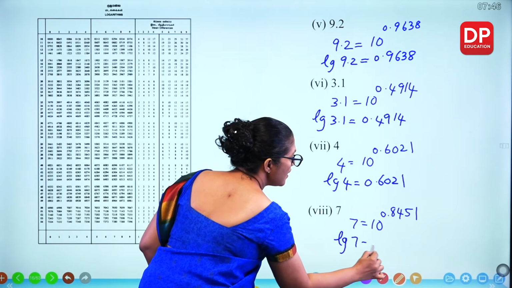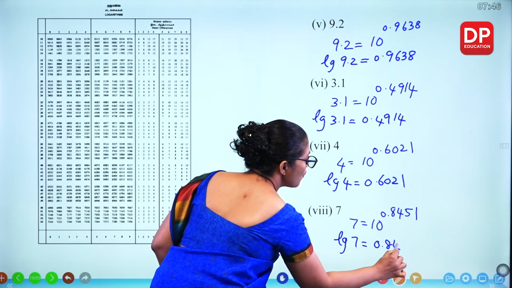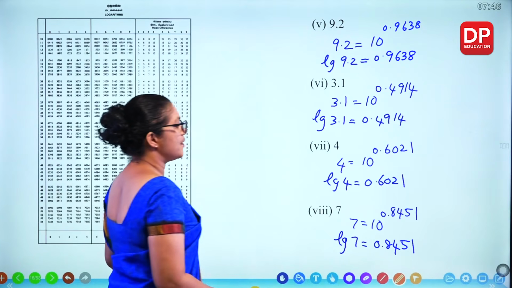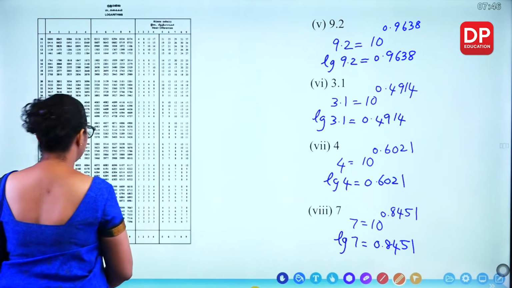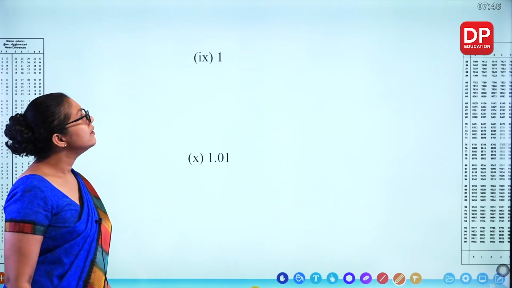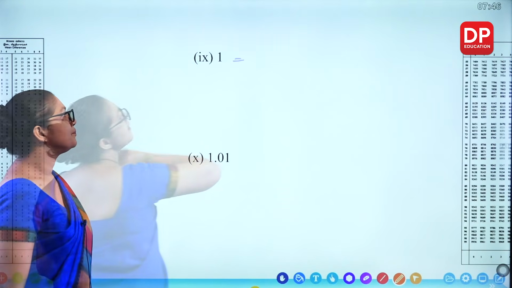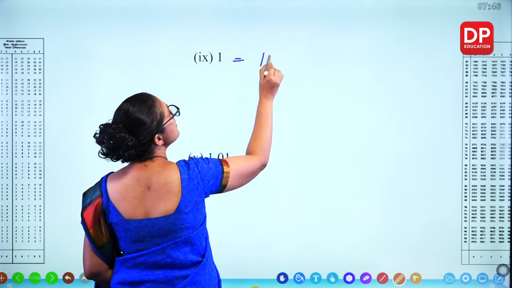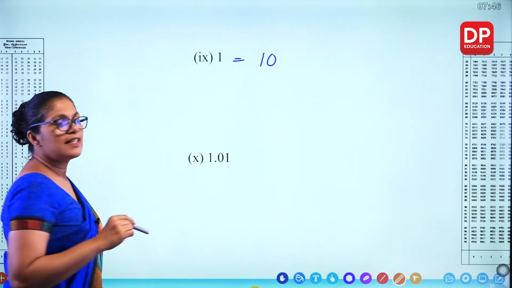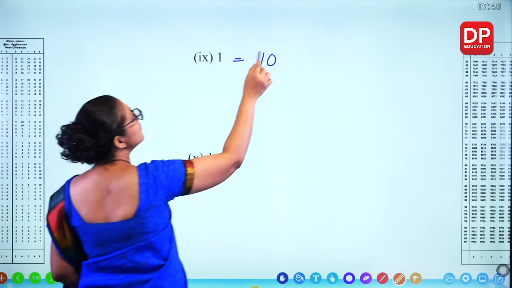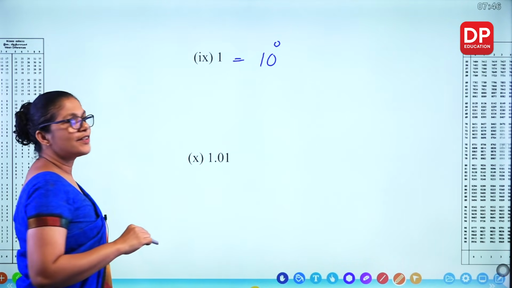LG of 7 is 0.8451. Now here 1 is there. Easily write down this number. 1 means 10 to the power 0.